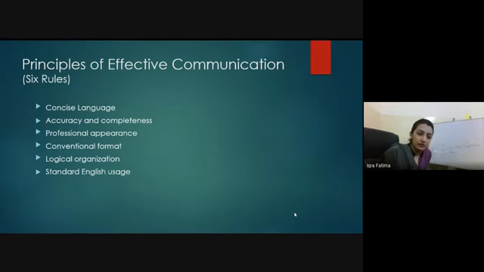Logical organization. If you are writing any message through email, memo, letter, or report, the very first thing in any documentation is to write the purpose. You tell them why you are writing.